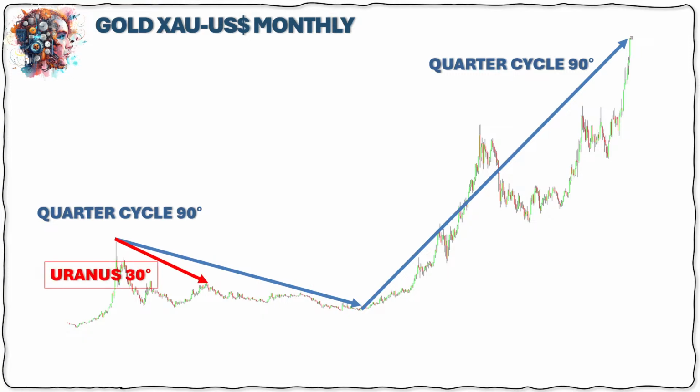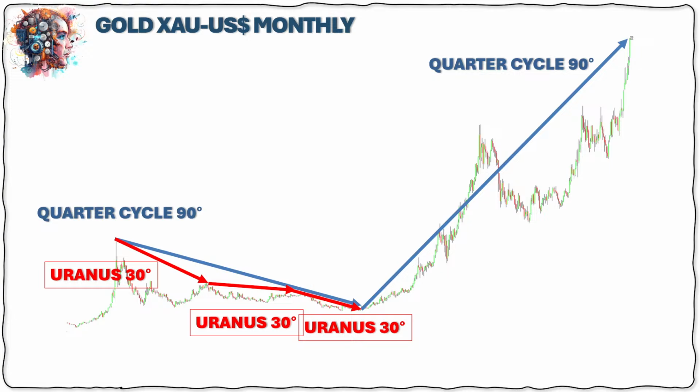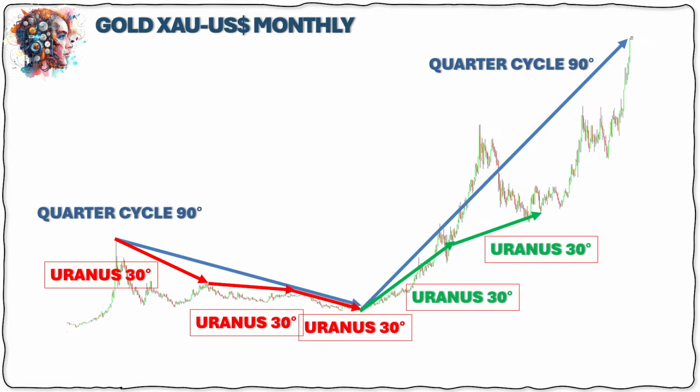Within that, you had Uranus 30 top to top, you had again another top to top, and then you had a top to bottom. Similarly, you had Uranus 30 top to bottom, bottom to bottom, and the last 30 degrees has been bottom to top. I will show you how this is Saturn 180 when we look at the real charts.